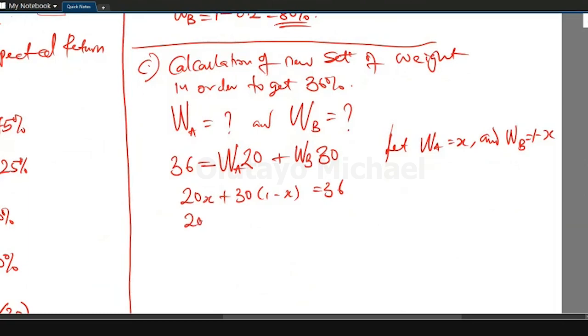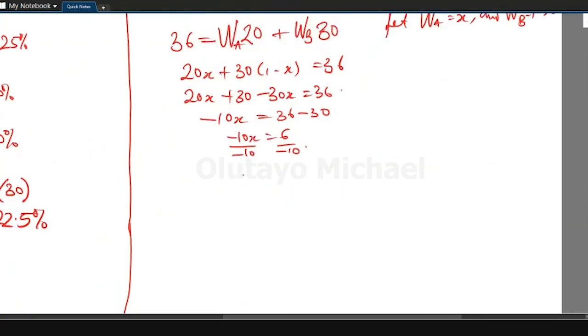So 20X plus 30 minus 30X gives 36. That is 20X minus 30X gives minus 10X equals 36 minus 30, and that gives minus 10X equals 6, divided by minus 10.